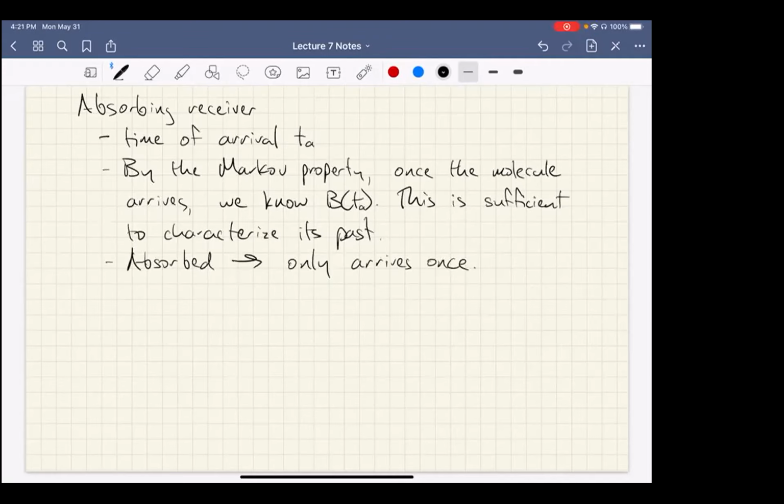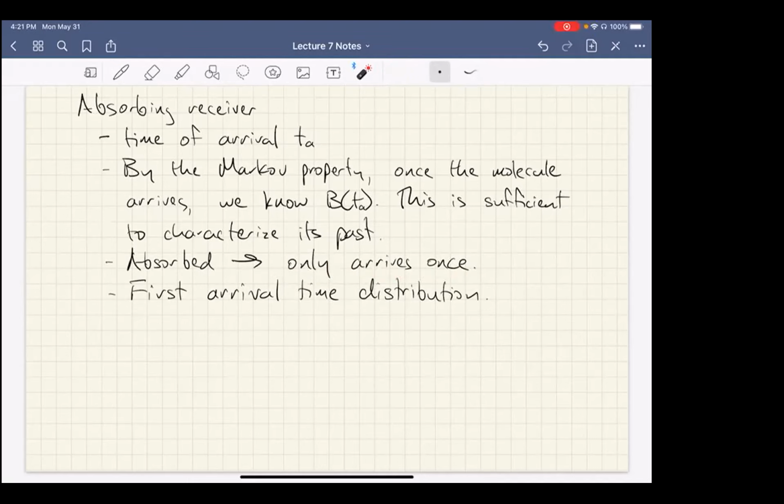So because it's absorbed, it only arrives once. What we're interested in here is the first arrival time distribution. So just to be 100% clear about this, it only arrives once.